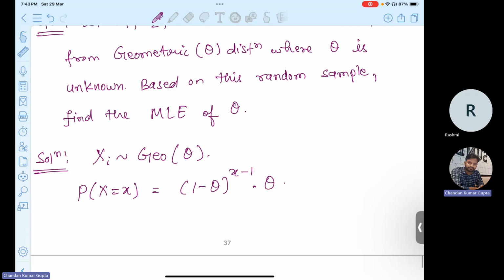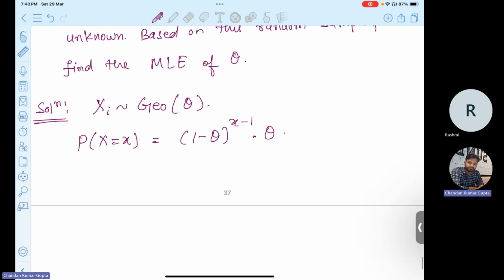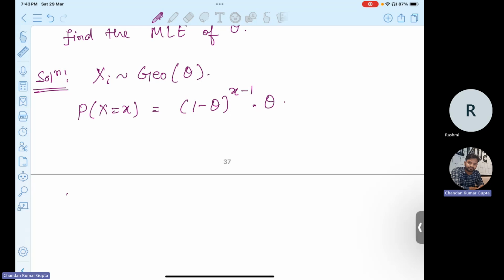Now we have the probability mass function. The next step is to construct the likelihood function, L. It is the product of those, since these are independent.